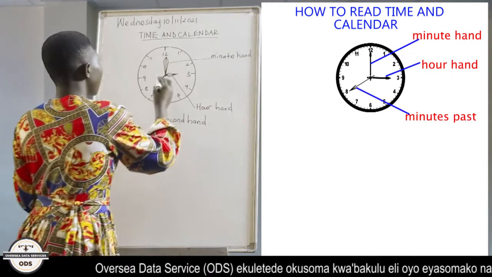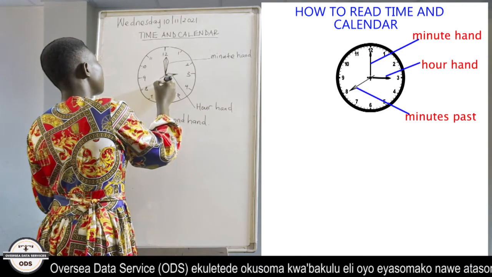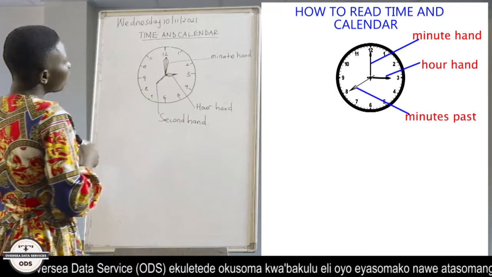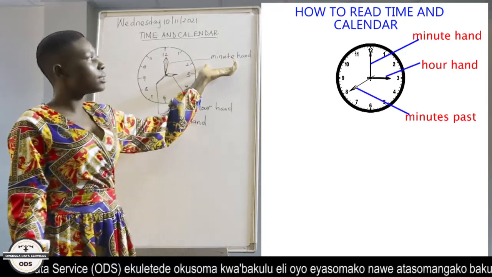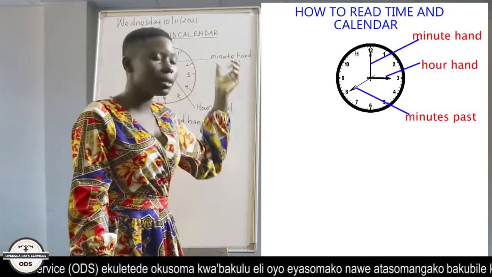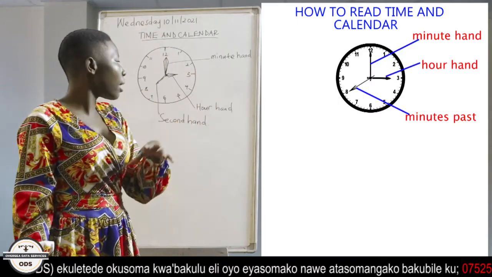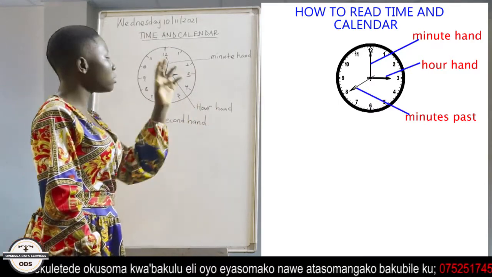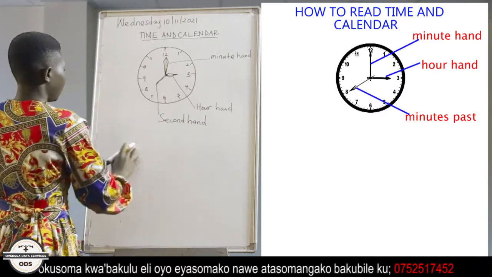That's what we have in a clock face. And what you have to know, the minute hand shows the minutes, and the hour hand shows the hour, and the second hand shows the seconds. Okay.